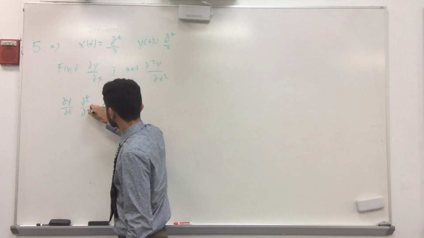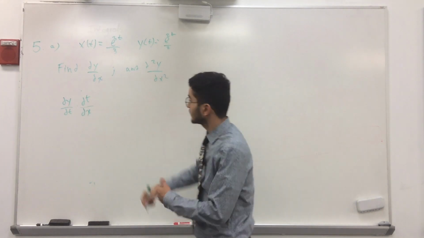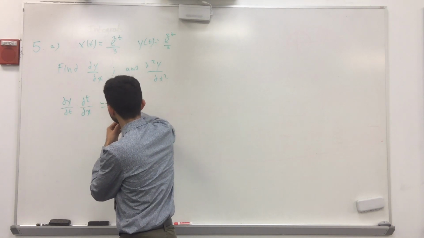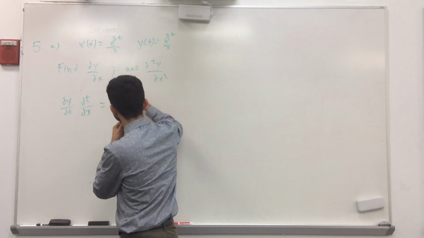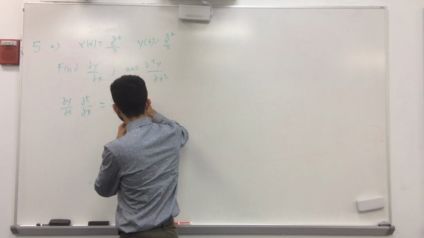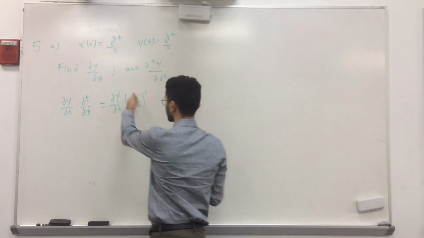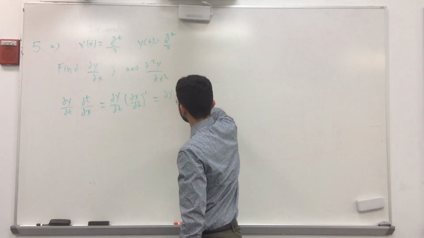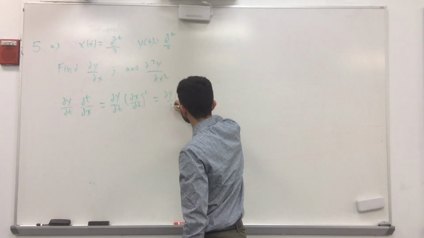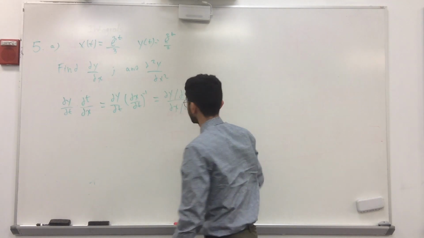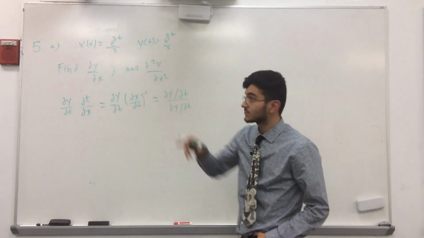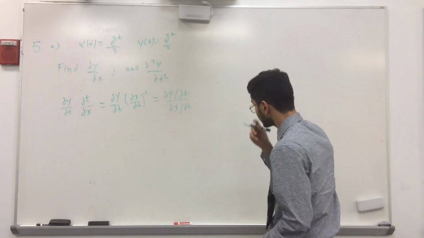So if we rearrange this a little bit, we can say that this is dy over dt times (dx/dt) to the power of -1. So we can bring it down, and we have that this is (dy/dt) over (dx/dt). So you just gotta find the first derivative with respect to t of each function, x and y.